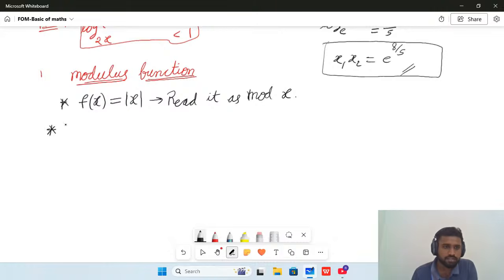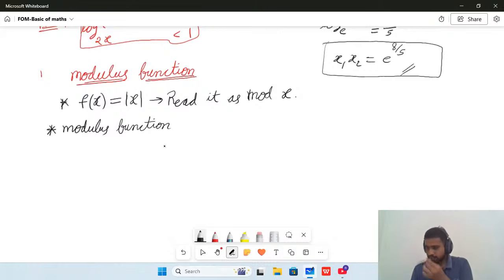Okay. So what is the work of a modulus function? A modulus function will convert input to positive values. It will convert the negative numbers to the positive numbers.